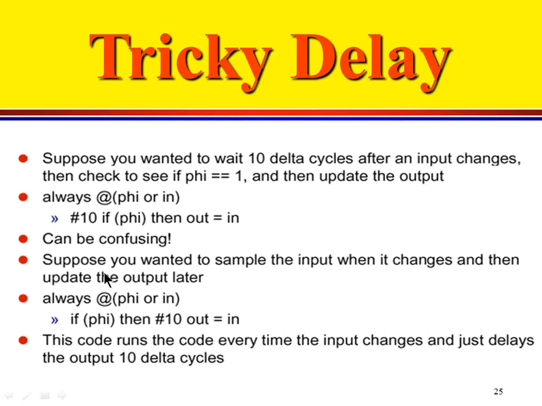In the earlier case, we were assuming phi was getting updated immediately without any delay, so it's 0 nanoseconds here. 10 plus 0 gives me 10. Phi gets updated in 0, 0 plus 10, so out gets updated after 10 nanoseconds. So this is how it will work.